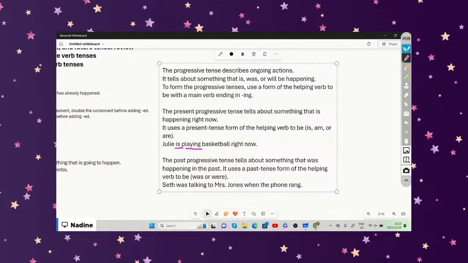If we were to say the boys, referring to more than one boy, then we say are, and are is our helping verb. So the boys are playing, let's say, football.